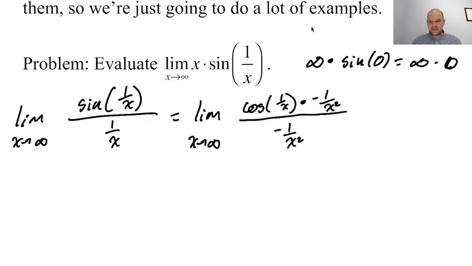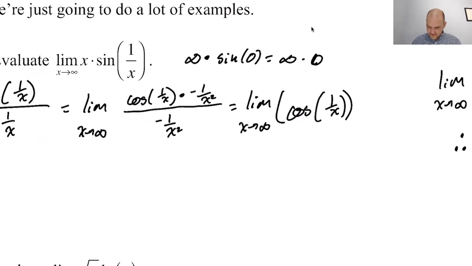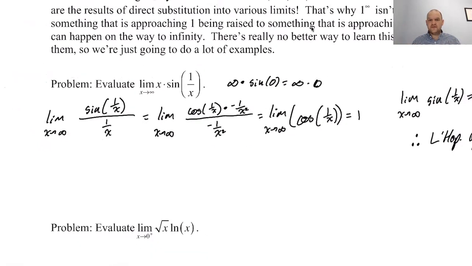The chain rule knocks out the denominator. So before we try to do anything, we can algebraically simplify, so we should. The limit as x approaches infinity of cosine of 1 over x becomes the cosine of 0, and the cosine of 0 is 1. So the answer to this question is 1.